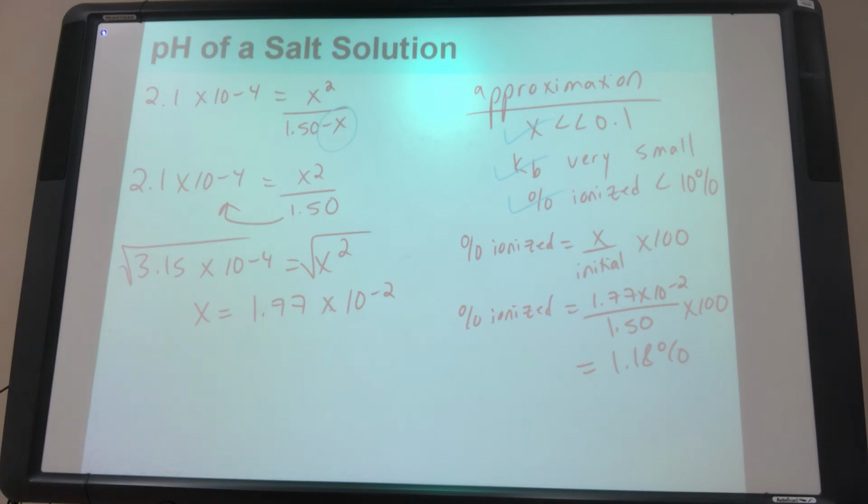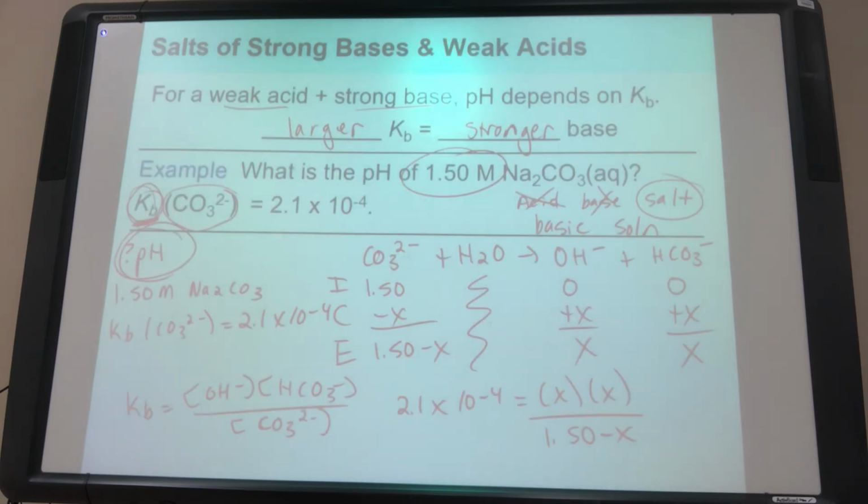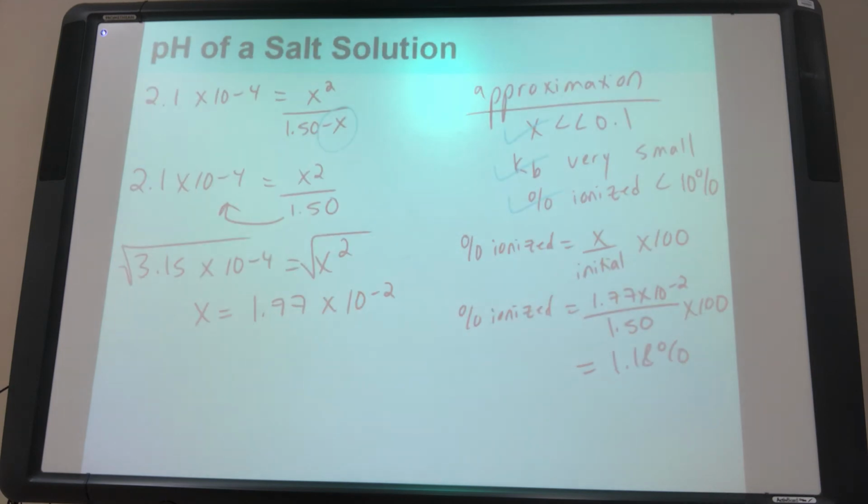Let's go back and go, wait, I just did all this work. What was I trying to figure out? I was trying to figure out the pH. I have x. What is x? x is OH. So if OH, I need H3O plus. So instead of finding pH, let me find pOH first. This is the OH minus concentration. So pOH is negative log of my OH minus, which is my x.